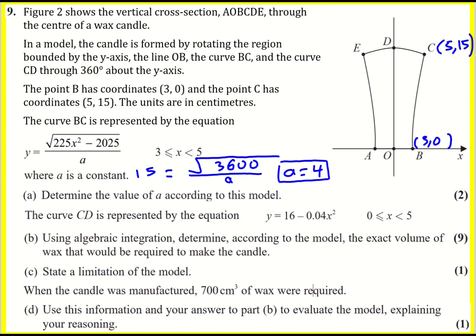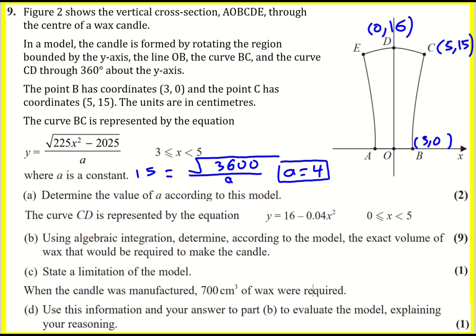So we're also told that the curve CD is represented by this quadratic, and it also gives us the point D from that, because when x is 0, we're going to get y is 16. So 0, 16. And we're asked to use integration to determine, according to the model, the exact value of wax which should be used to make the candle.